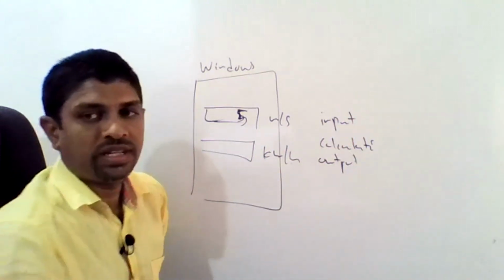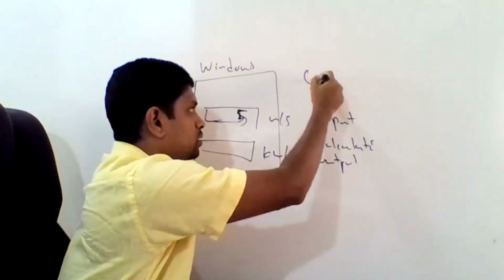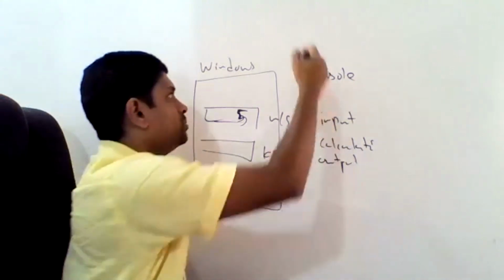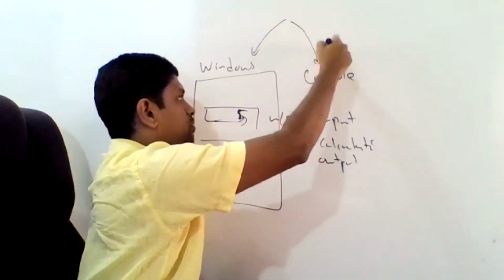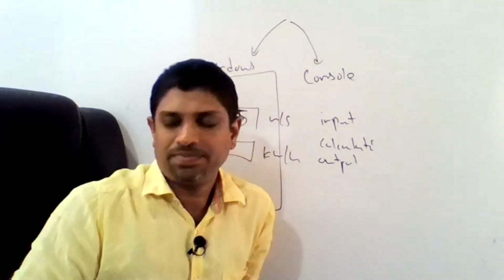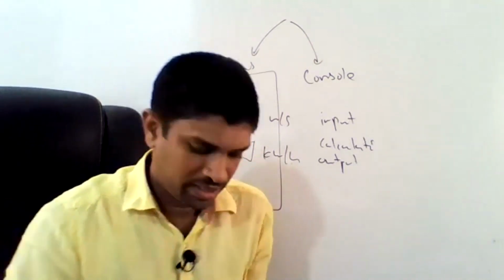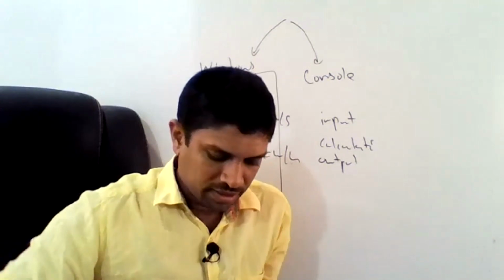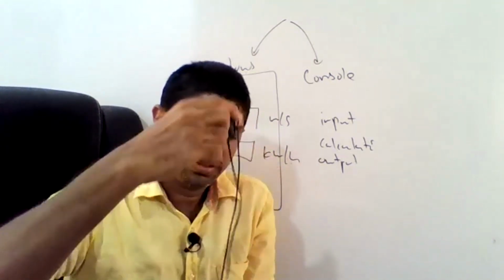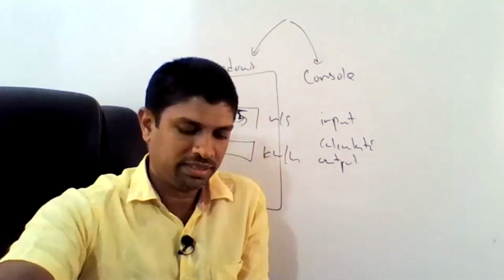Normally, the programs that we develop are called console applications. There are two types of computer programs: Windows applications and console applications. So what we are developing is console applications. This is the beginning to start programming. Normally we have to start with console applications.